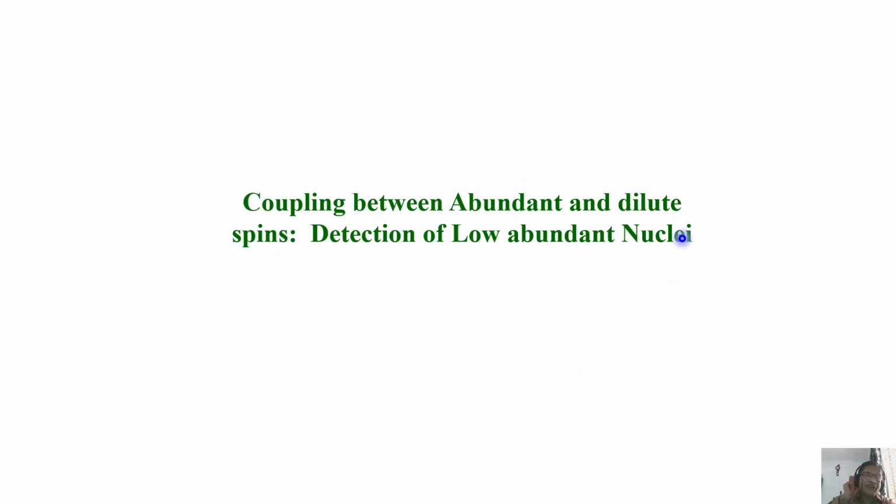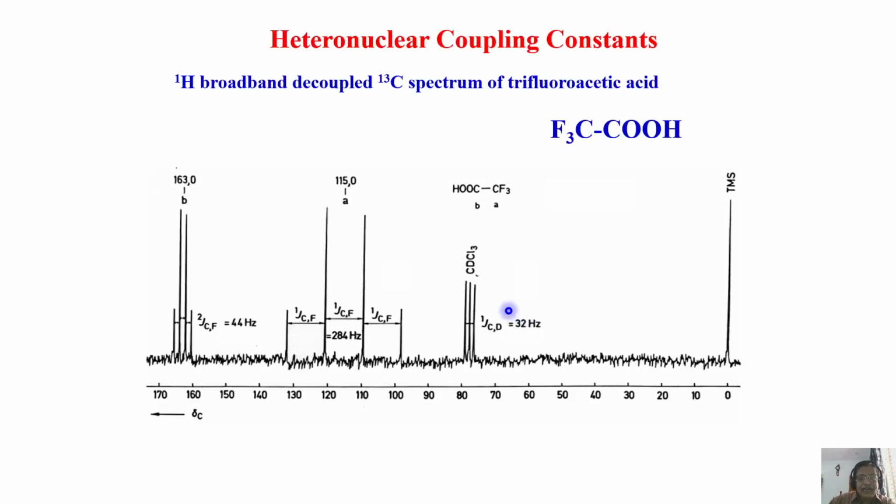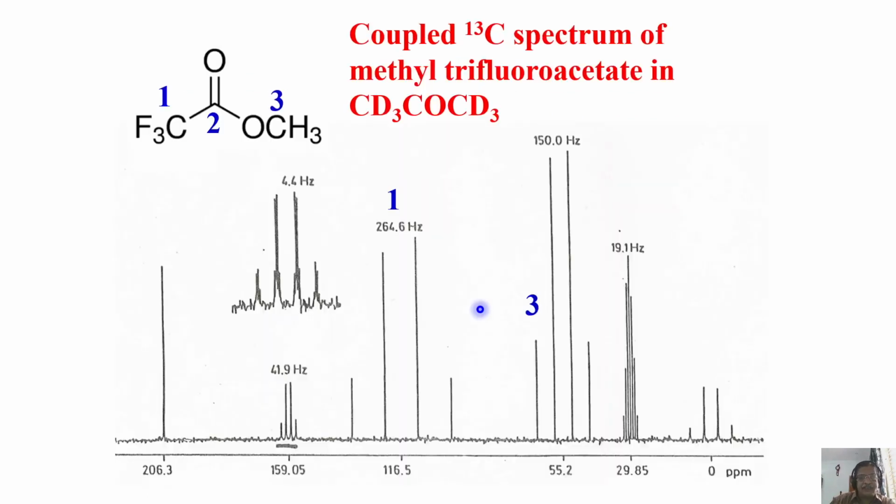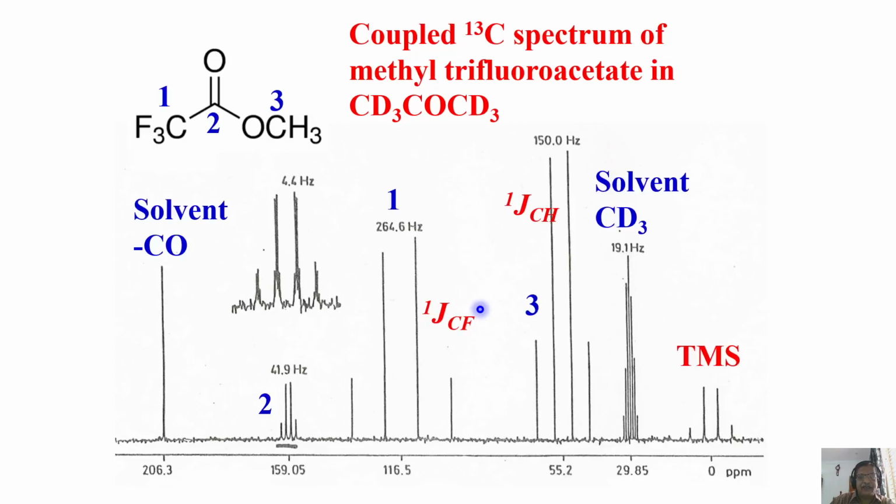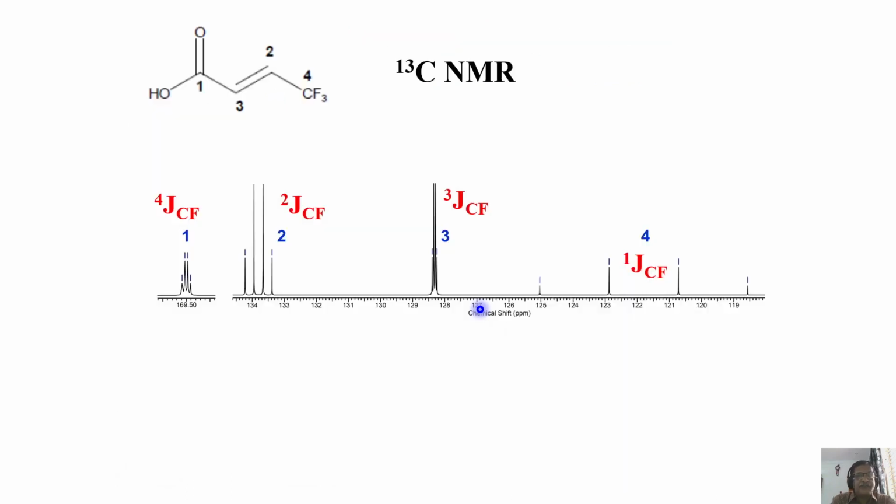So when we observe the carbon 13 spectrum, we analyze all CF coupling, CH coupling, etc. In trifluoroacetic acid, we analyzed the carbon 13 spectrum and got coupling between low abundant spin and high abundant spin, while I was detecting the low abundant spin. In previous examples, I was detecting abundant spins. Okay. So same thing, this also we discussed. We analyzed this. There is no point in going again. Now this part we will see. This I did not explain.